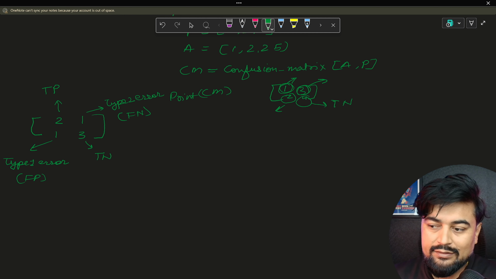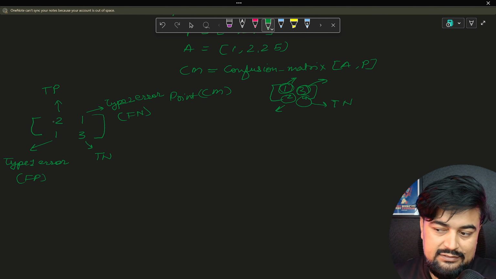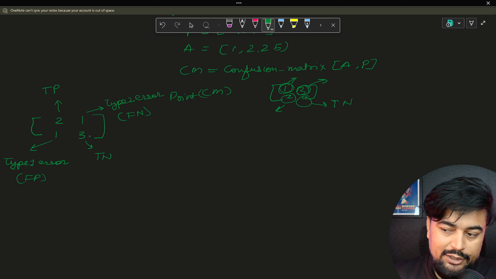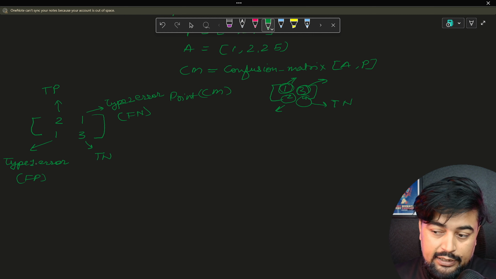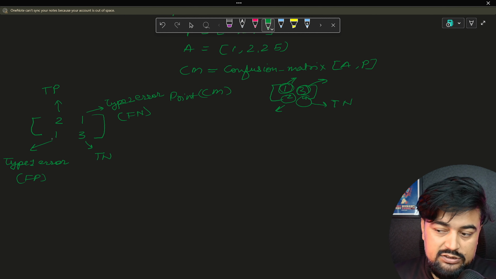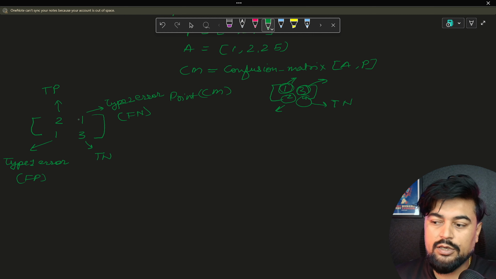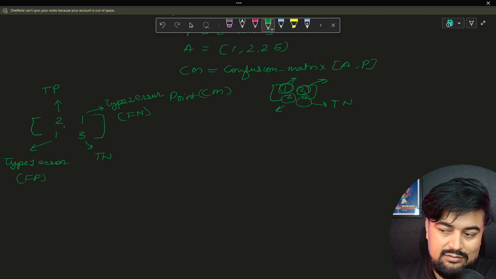Okay, now you can see how many true positive cases they have predicted correctly, how many true negative also they have predicted correctly. Now this is type 1 error, which is false positive. So this condition is a false positive case. Now this condition again false negative is the case. But you see the values are very less. If you take a total, 2 plus 1 is 3, 3 plus 3 is 6, and 7.